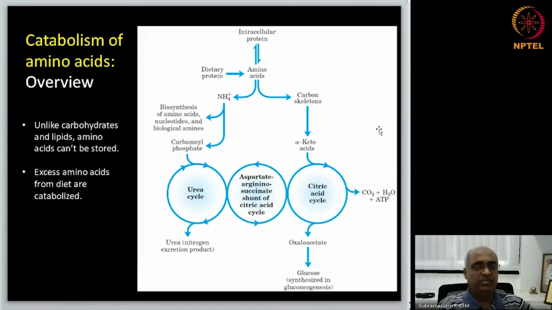So the main point is that amino acids cannot be stored and they need to be catabolized right away. If you have a protein-rich diet, the amino acids from it will be used to meet the requirements of your body, and any excess gets excreted.